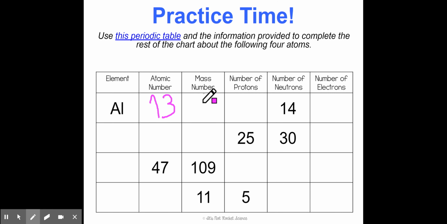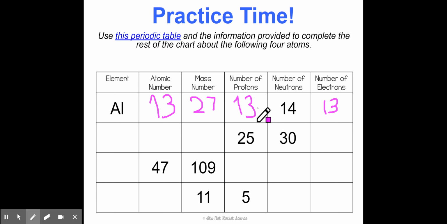Before doing the mass number, you can figure out the proton number. Remember, atomic number and proton number are the same thing, right? 13. And all the elements on the periodic table are neutral. That means the electron number and the proton number are the same too. Now the only thing left is the mass number, and it's so easy to do. Remember, mass number is equal to the proton number plus the neutron number, adding them together, right? So 13 plus 14 makes 27.